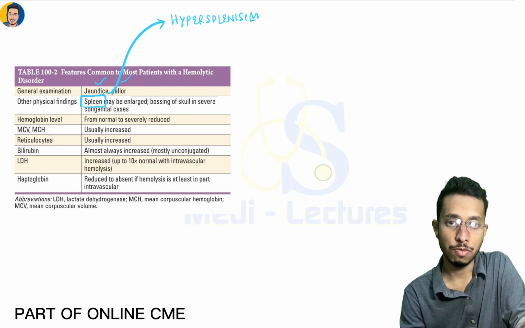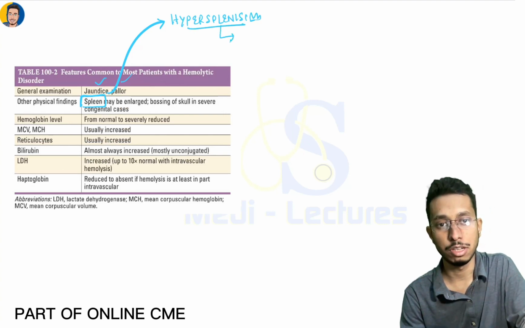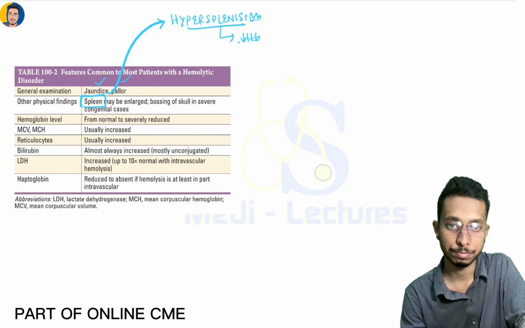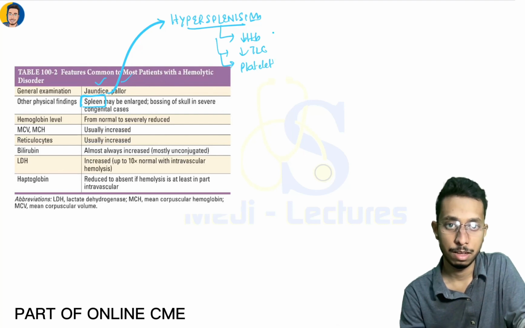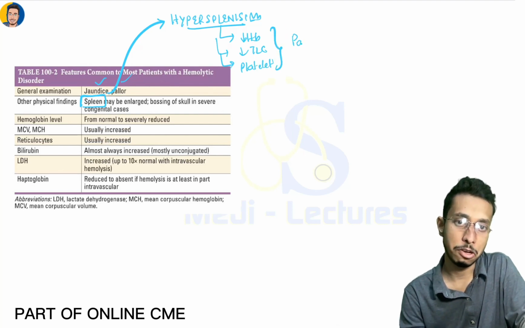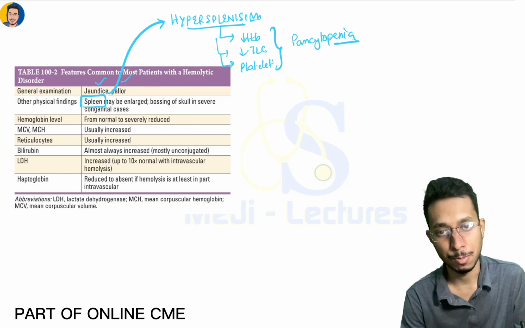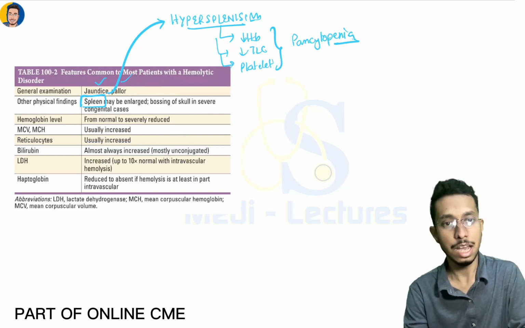Hypersplenism is a state of overactivity of the spleen resulting in decrease in the other blood counts, that is decrease in hemoglobin, decrease in TLC and decrease in platelets, leading to pancytopenia.